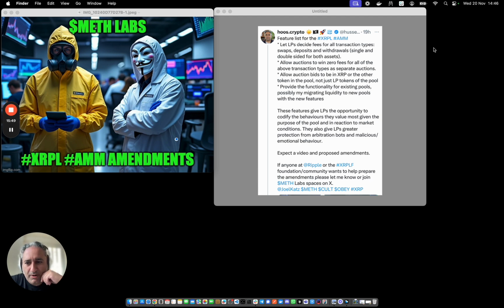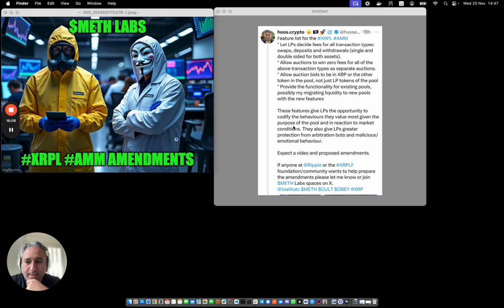Of course, if you've got smart contracts, it's easy to write them, but then AMMs on other chains are not unique, right? So they're not all using the same pool of liquidity, which is a fabulous feature of the XRPL AMMs. There's only one METH XRP AMM.